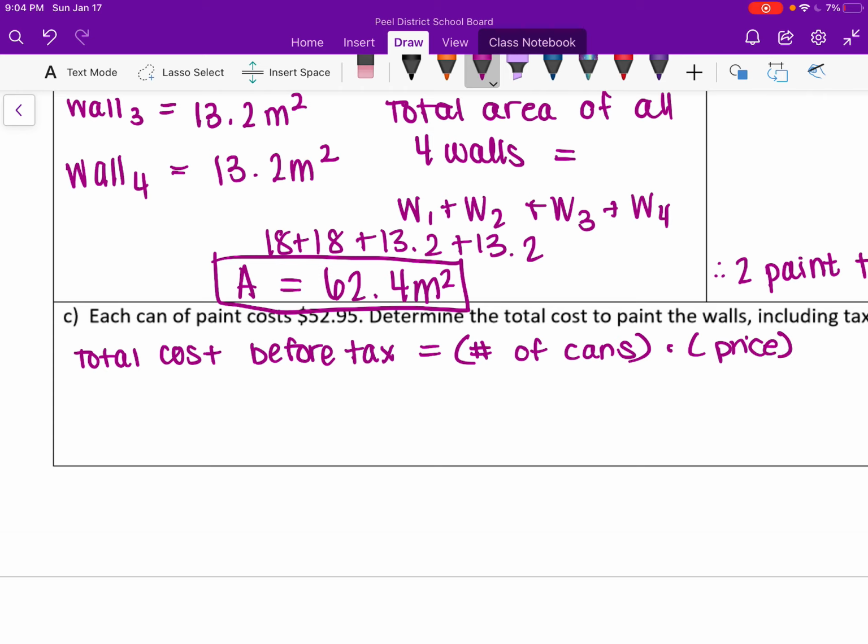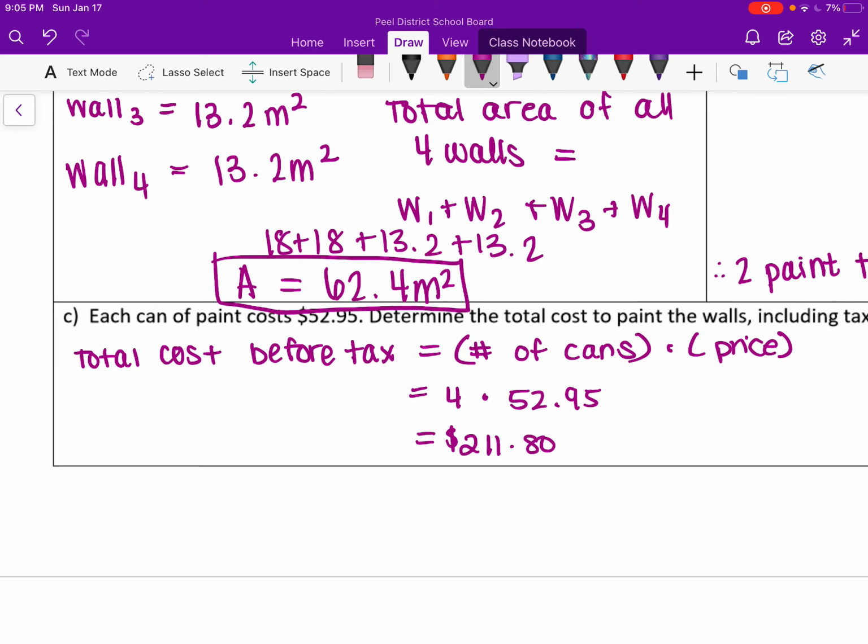So we know the number of cans is 4 times the $52.95 that it's going to cost before tax, which is going to give me about 211.80. Wait, is that right? 4 times 52.95.